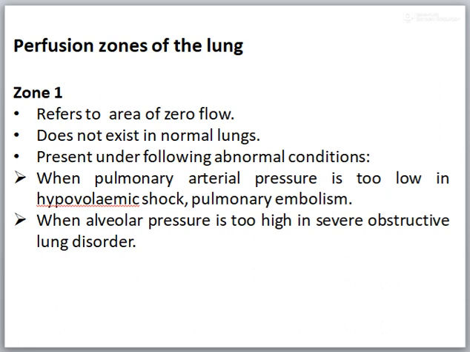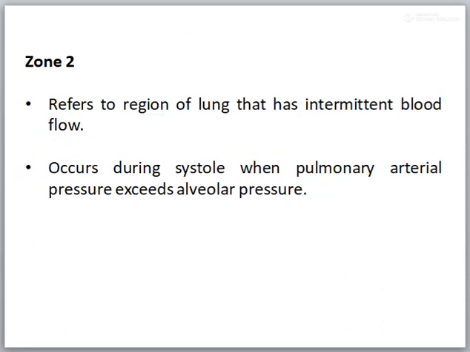When pulmonary artery pressure is too low, as in hypovolemic shock and pulmonary embolism, and when alveolar pressure is too high, as in severe obstructive lung disorder. Zone 2 refers to the region of the lung that has intermittent blood flow.